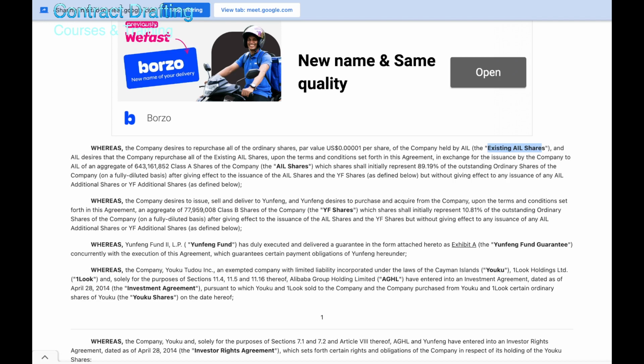But what is the consideration? In exchange for the issuance by the company to AIL of an aggregate of this many class A shares.